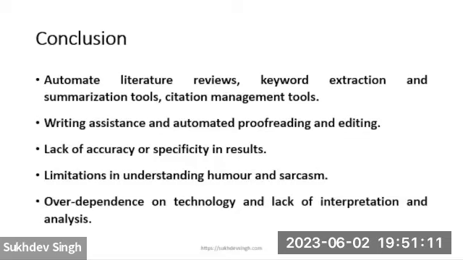However, they lack accuracy and specificity. Limitations are in the understanding of humor or sarcasm, and you should not be overdependent on the technology, because such tools may lack interpretation and analysis. This is what we have.